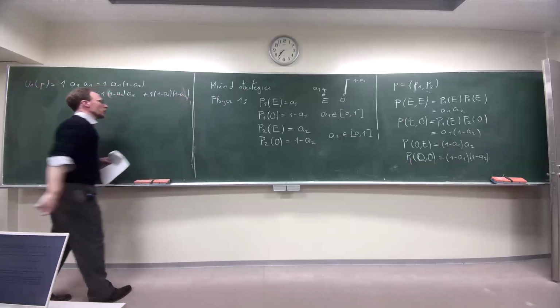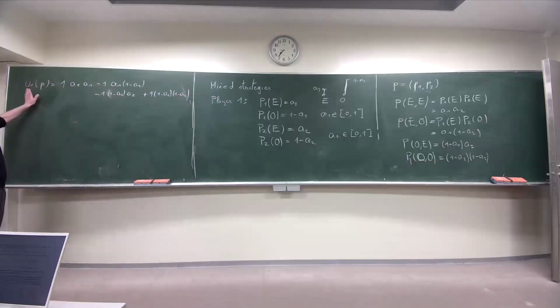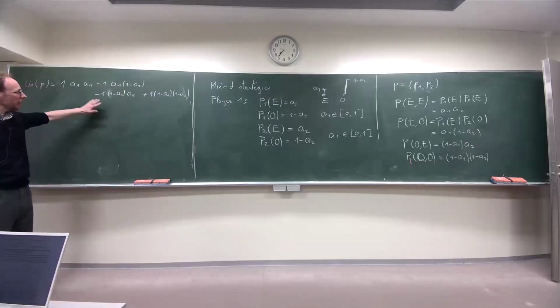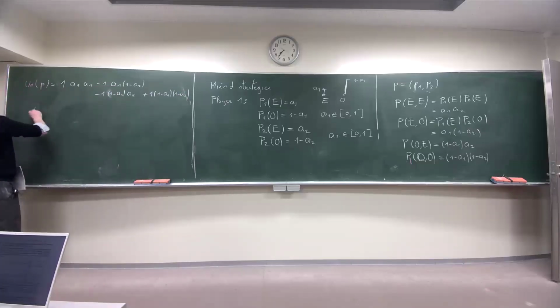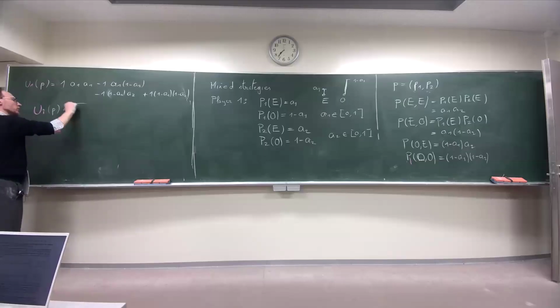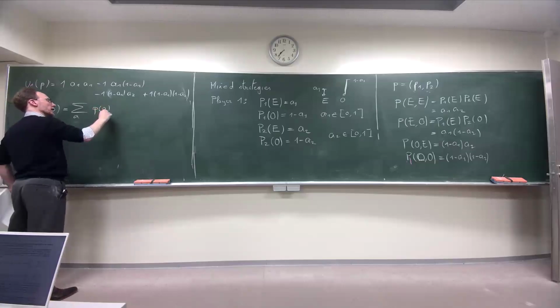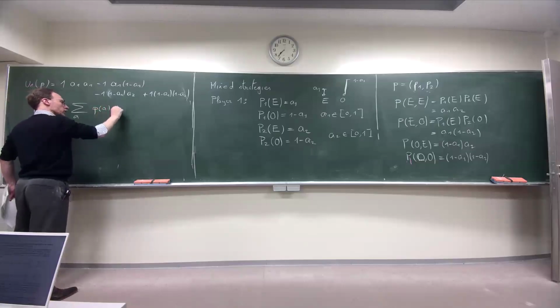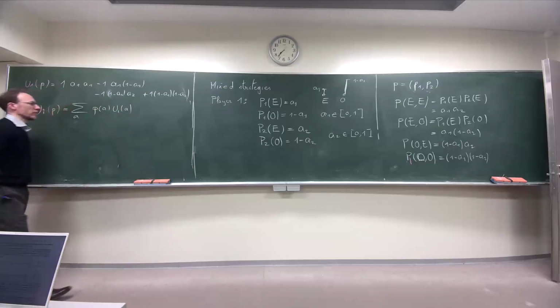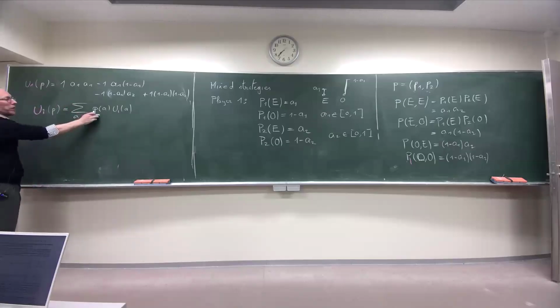Look at the formula I gave for U1. It's a sum over all points of A, I just recall, the red U1 at P. By definition, it was a sum on A of P of A, U1 of A. So this P of A, I gave the 4 values there.